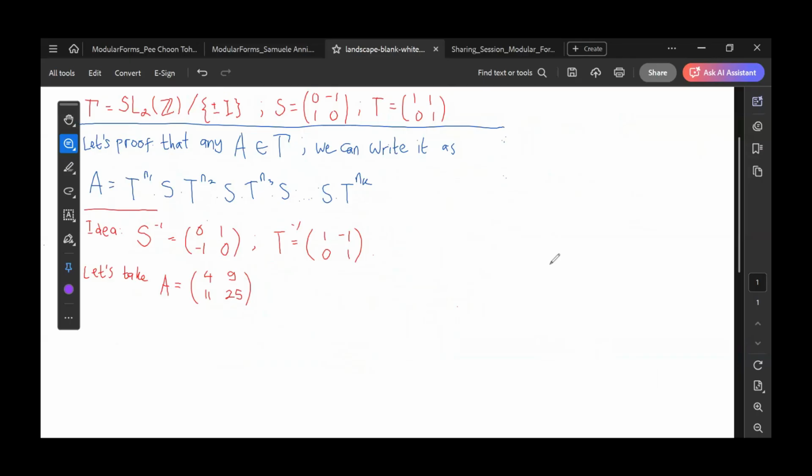So we also can calculate that T to the power of n will be [1, n; 0, 1].